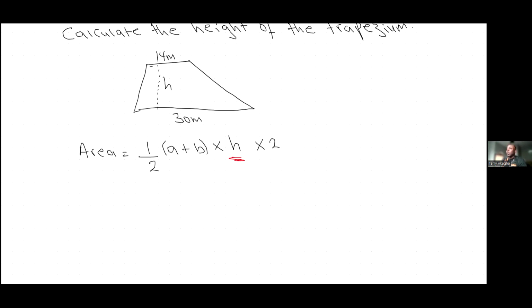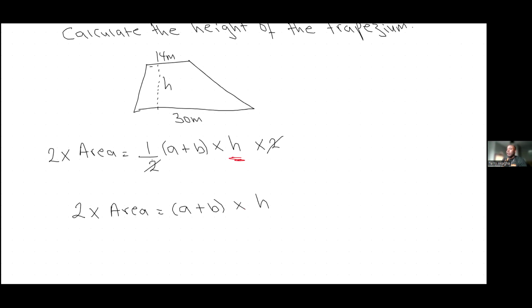When I multiply both sides by 2, this 2 is going to cancel this. So we're going to have 2 times area equal to A plus B multiplied by height.